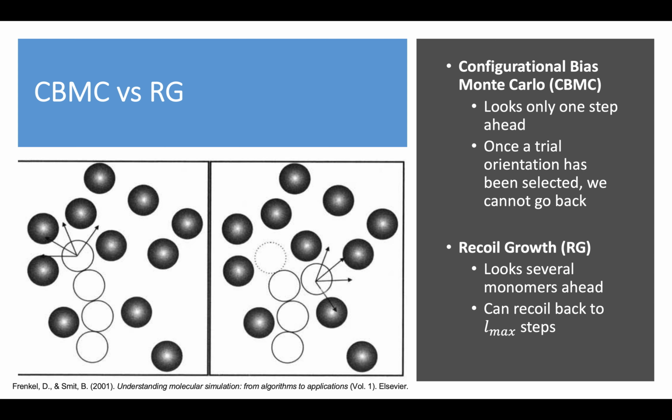What it does is basically look several monomers ahead to see whether we could expect traps before actually adding the monomer to the formal new trial configuration.